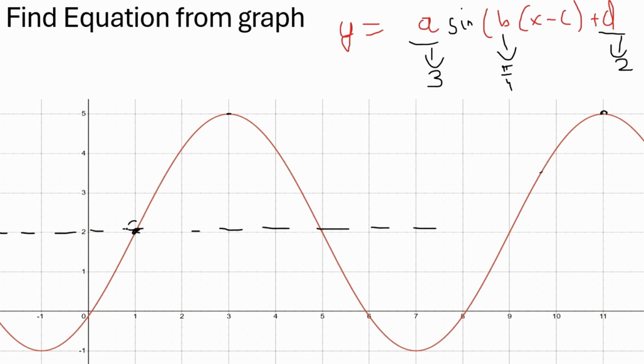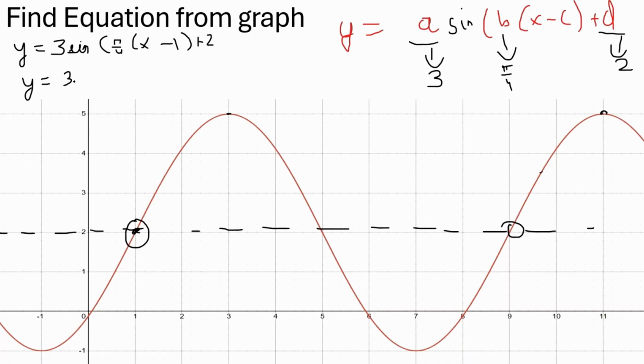It does that here, and it also does that here. So right off the get-go, two equations become y equals 3 sine pi over 4 x, flip the sign, minus 1 plus 2, or y equals 3 sine, everything stays the same, all that changes is the function and the c value. So instead of positive 9 it becomes negative 9 plus 2.